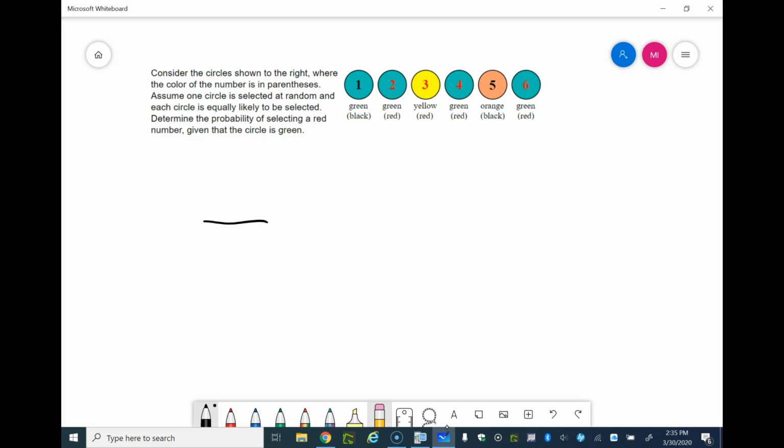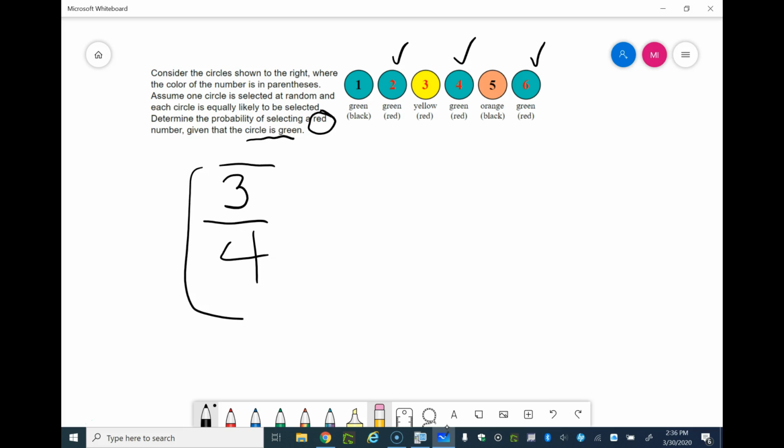So I need to figure out the ones where the number is red and the circle is green. 1, 2, 3. These have the circle green and the number red, so both together consist of just 3 of them. The given part, which is just the back part, is I want to know the circles that are green. So 1, 2, 3, 4. So this would be my answer for this particular problem.